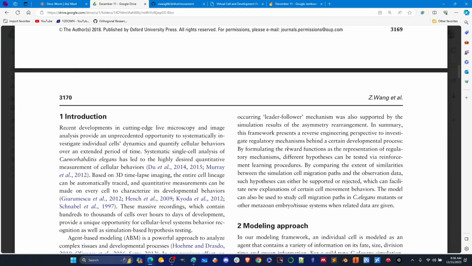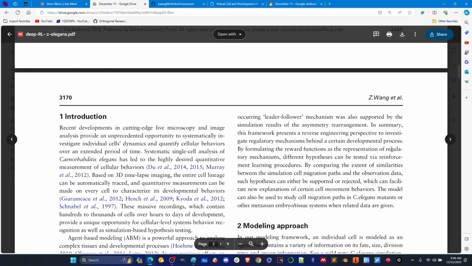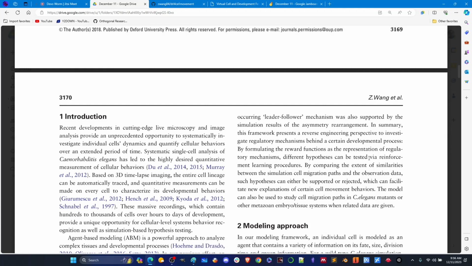By formulating a reward function as the representation of regulatory mechanisms, different hypotheses can be tested via reinforcement learning procedures. By comparing the extent of similarities between the simulation cell migration paths and the observation data, such hypotheses can be either supported or rejected, which can facilitate new explanations of certain cell movement behaviors.